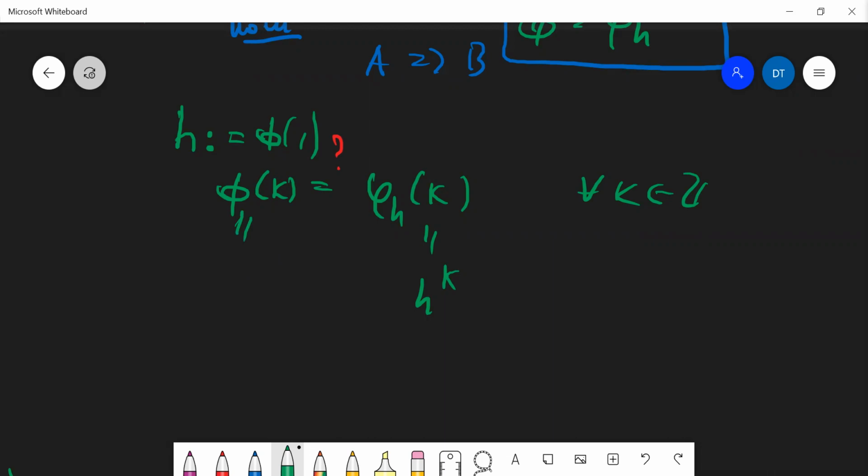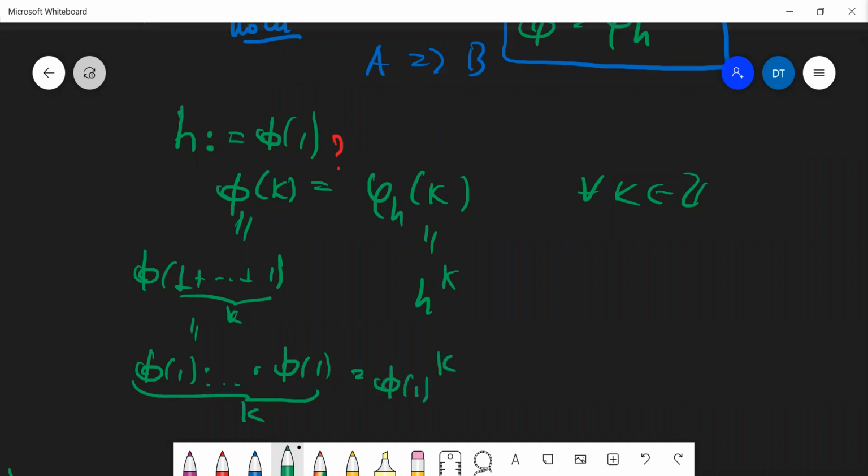Let's not skip steps. We have 1 plus 1 plus 1 plus and so on, k times, and within H we have phi of 1 multiplied k times. As you can see, they're the same. So that's why every homomorphism has this form.